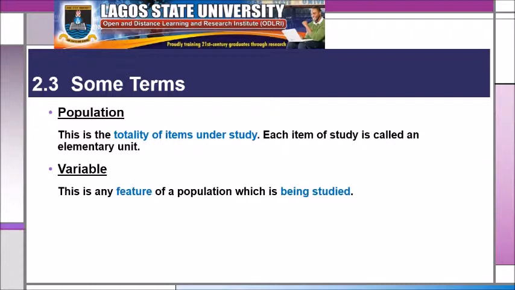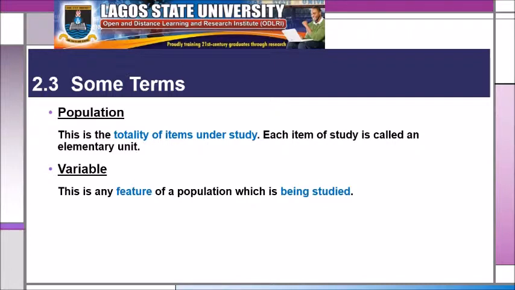For instance, I said the other time that if we are to study families within a particular locality, there may be several things we may be interested in concerning families within a particular locality. But if I just pick one, let's say family size, the size of families.